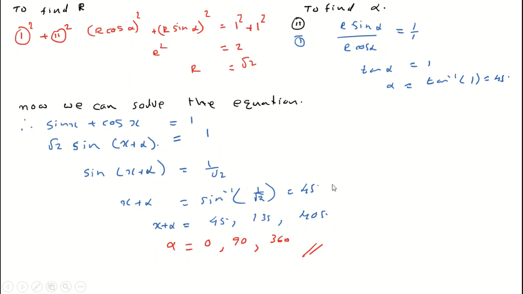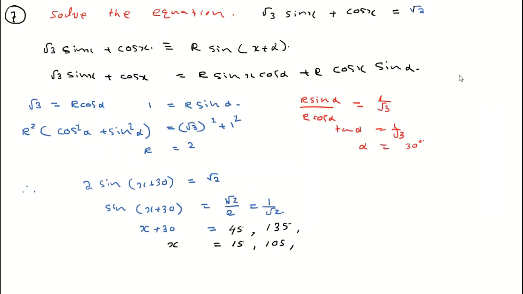And then since it is cyclic, we can have more solutions. Sine is positive in the first quadrant and the second quadrant. First quadrant solutions are theta, 360 plus theta, etc. Second quadrant solutions follow similarly.